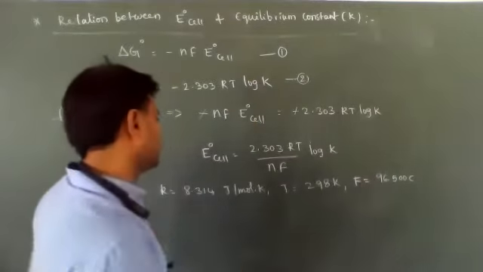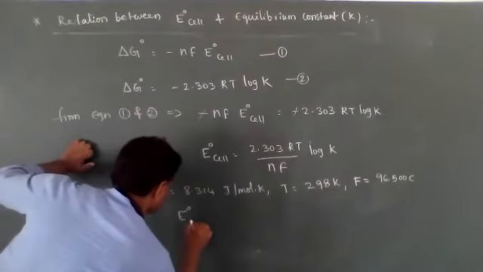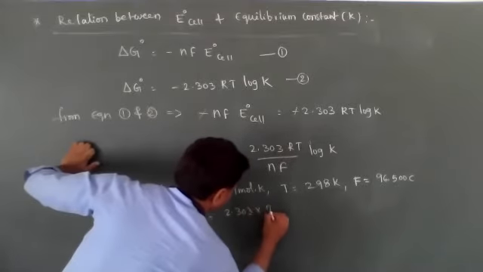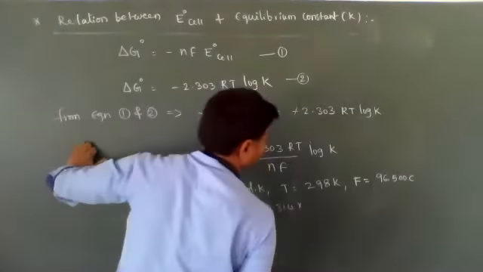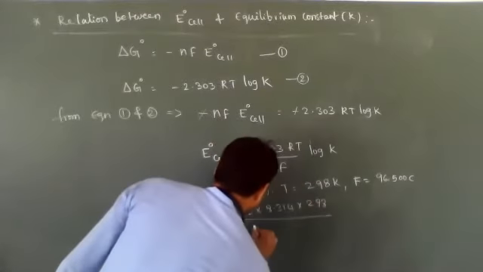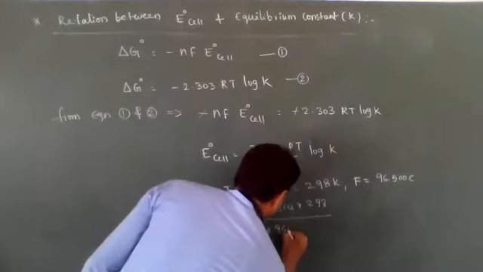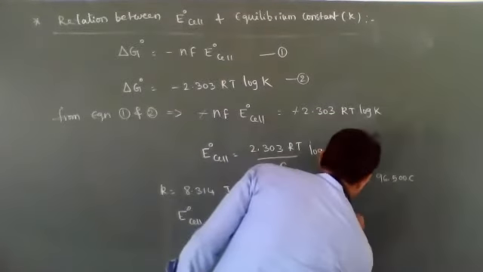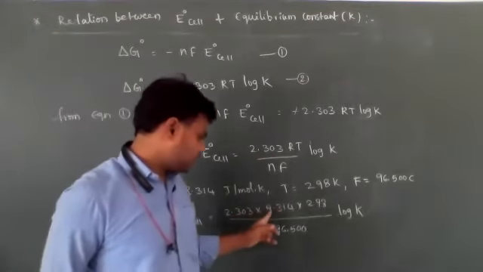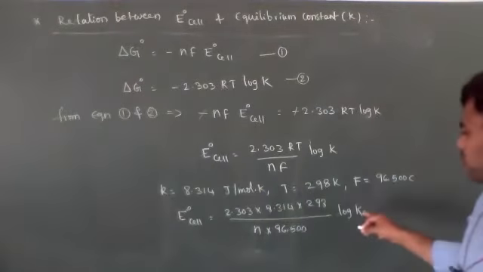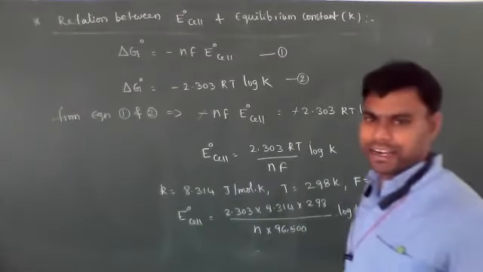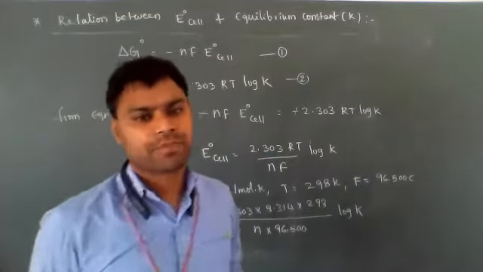Then after substituting, E0 cell is equal to 2.303 into 8.314 into 298 by n into 96,500 into log K. Multiplying 2.303 into 8.314 into 298 and dividing by 96,500, we approximately get 0.0591.